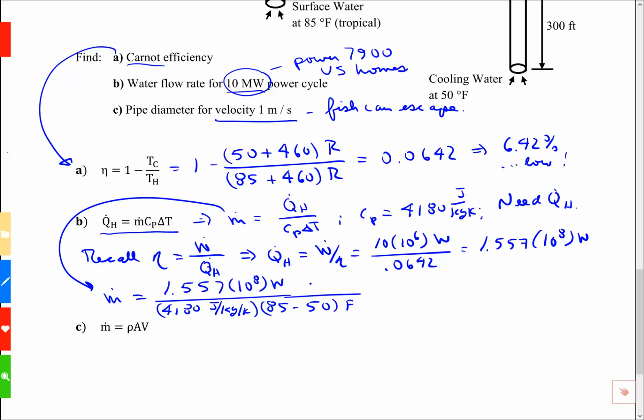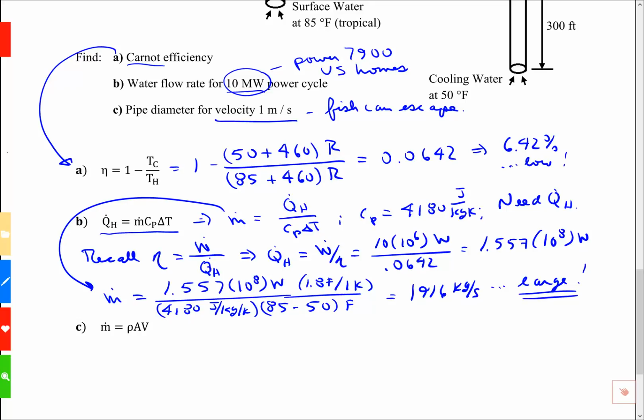Up here I'm going to say I've got 1.8 degrees Fahrenheit per 1 degree Kelvin. So that'll do my conversion there. So the kelvins will drop out. When I compute this, I get 1916 kilograms per second. That's a big number. That's almost 2 metric tons. You have to move a lot of water to get the heat to run a low efficiency system.